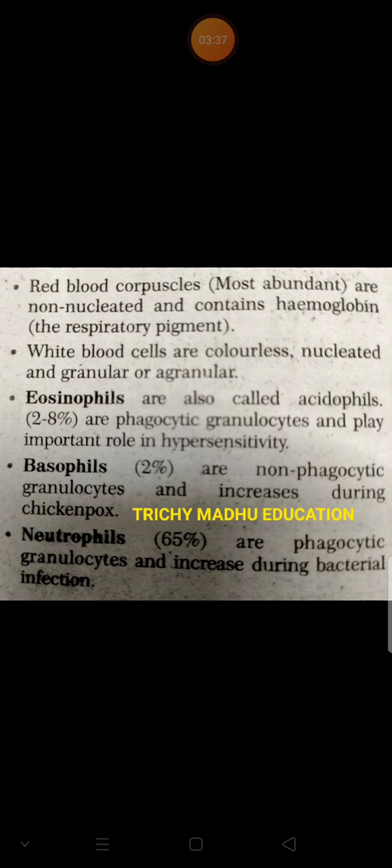Neutrophils, 65%, are phagocytic granulocytes and increase during bacterial infection. So neutrophils increase during bacterial infection, basophils increase during chickenpox, and eosinophils are responsible for hypersensitivity.